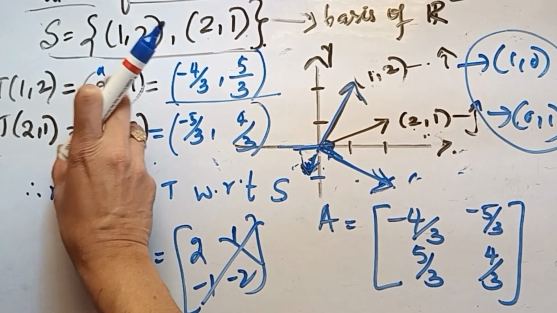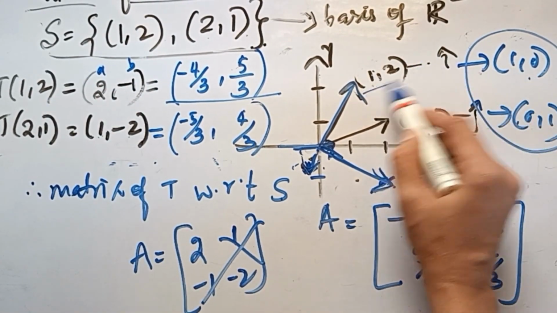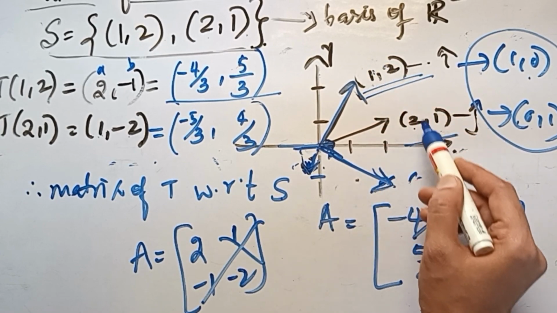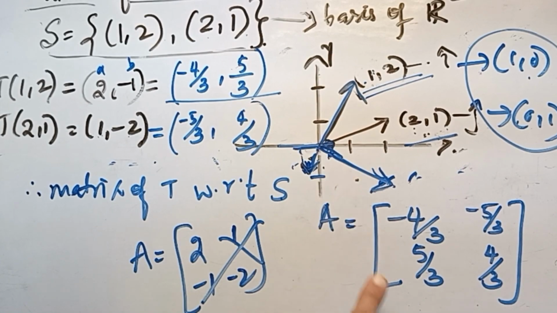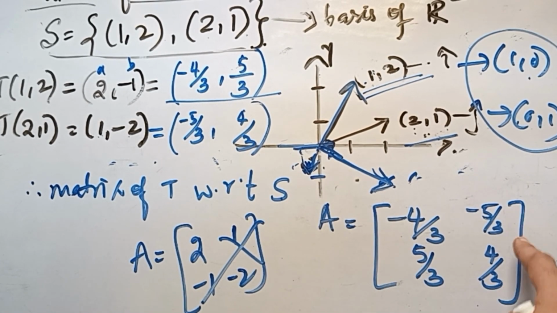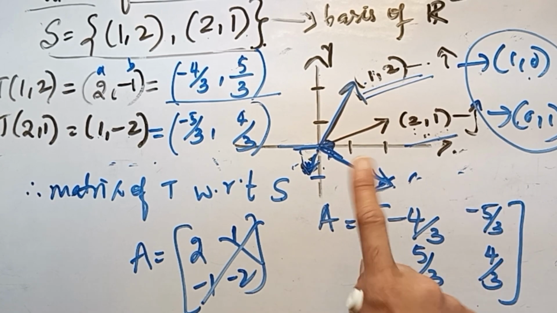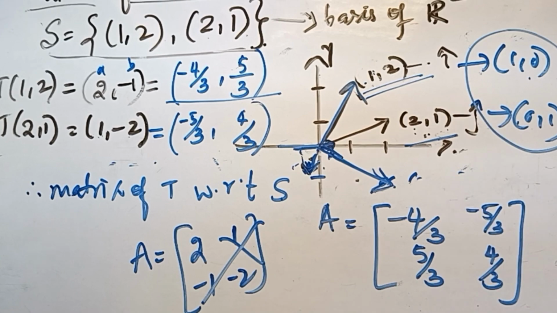Once you get those vectors, then convert them in terms of these basis vectors, meaning you have to write them as a linear combination of 1 comma 2 and 2 comma 1. That gives you the matrix of the transformation. Now when you multiply any vector by this matrix, you will get where it goes in the new coordinate system.